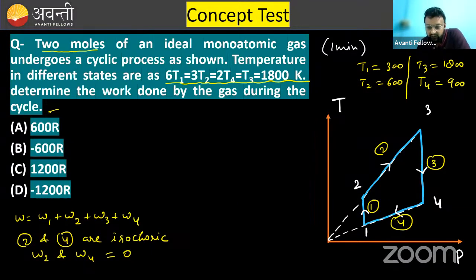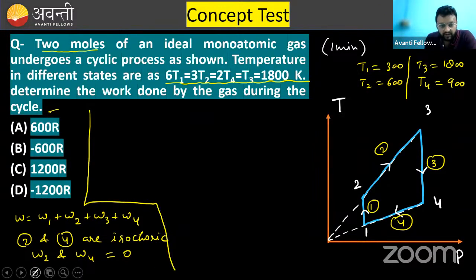So what is the work done in the first process? This is going to be an isobaric process. W1 is equal to, for an isobaric process, P delta V, that's what we have learned.